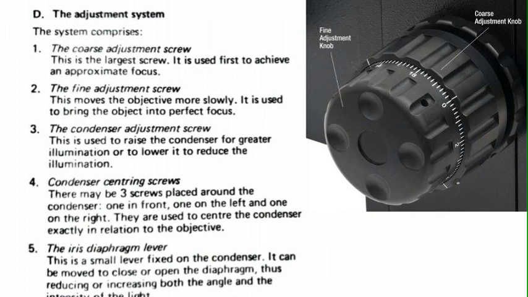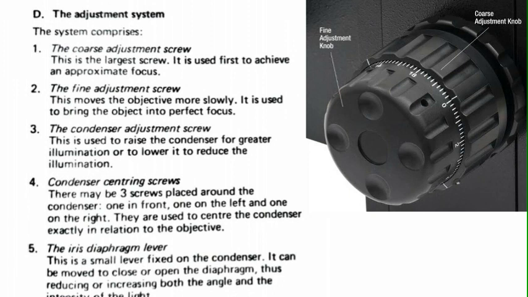Fourth, the condenser centering screws. These may be 3 screws placed around the condenser, one in front, one on the left and one on the right. They are used to center the condenser exactly in relation to the objective. Fifth, the iris diaphragm lever. This is a small lever fixed on the condenser.